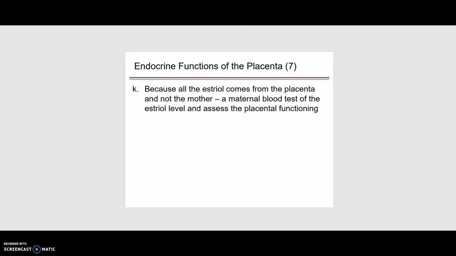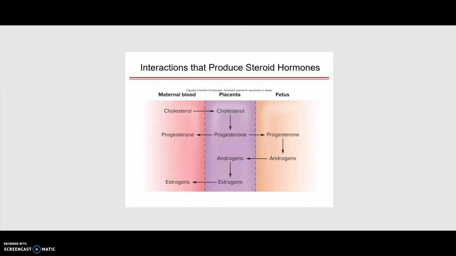Okay, so let's just summarize this real quick. What will happen is cholesterol has to come from the maternal blood. Cholesterol can go into the placenta. The placenta cannot make cholesterol from acetate. Cholesterol can be converted into progesterone.